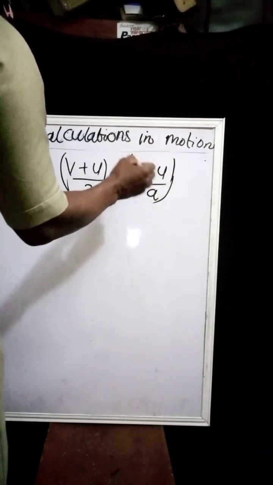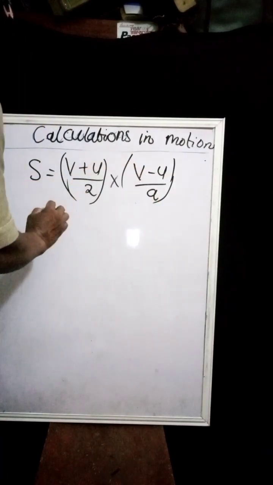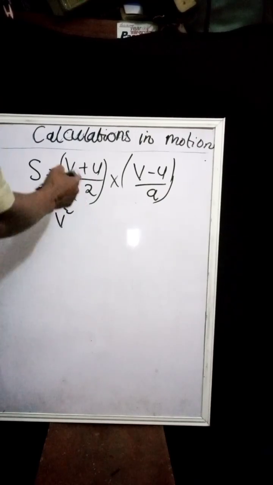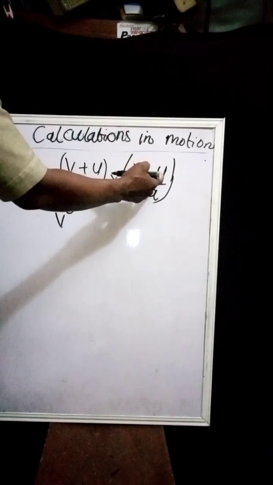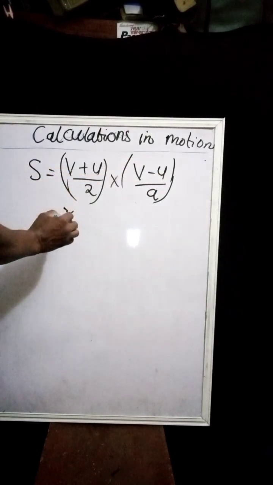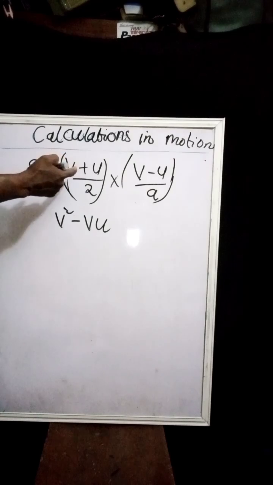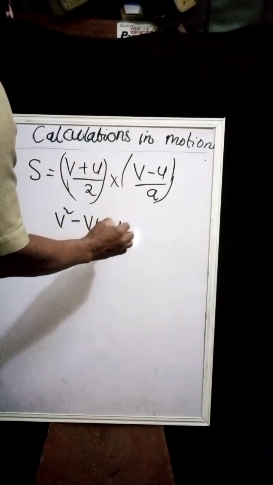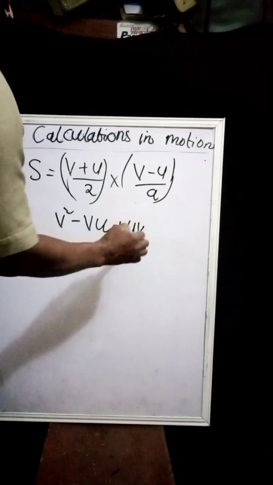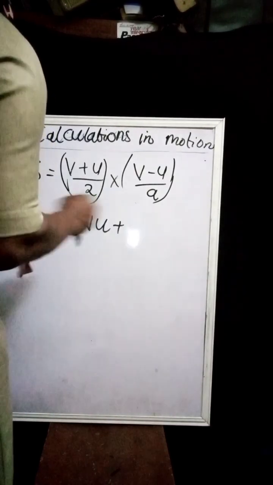So we have to open the brackets. V multiplied by v will give us what? v squared. V multiplied by negative u will give us what? Negative vu. Okay. U multiplied by v will give us what? Plus uv. That is, uv is the same thing as vu.